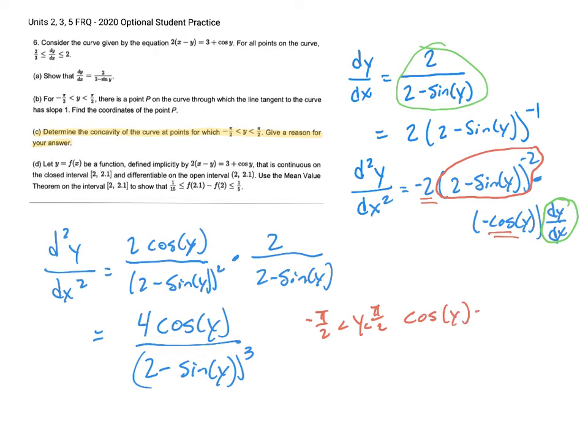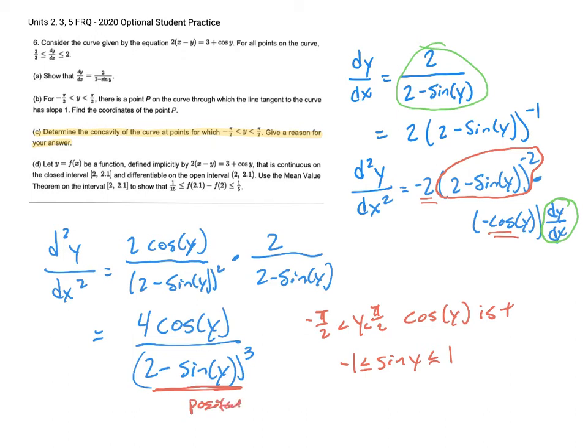I'm just going to put is positive. So that means the numerator is going to be positive. And sine y is going to change signs, but sine y is going to be between negative 1 and positive 1. Those are the extremes of that function. So that means this 2 minus sine of y is always going to be positive. And when you cube a positive, you still get a positive.